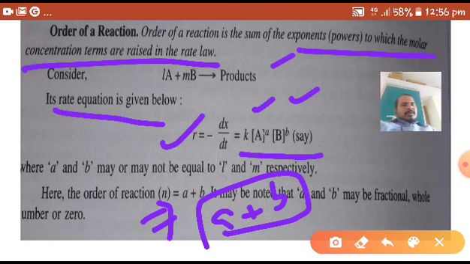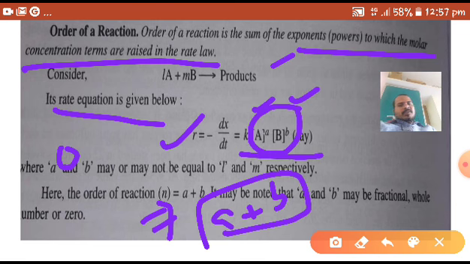Simply, the sum of powers of concentration of reactants is called the order of the reaction. If the order of the reaction is 0, then it is called a zero order reaction.